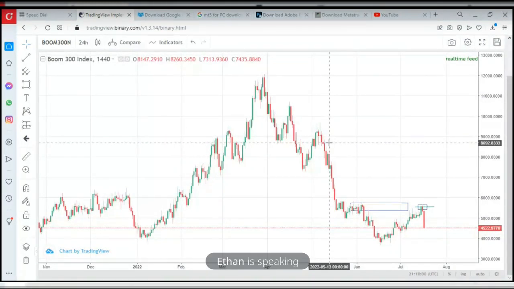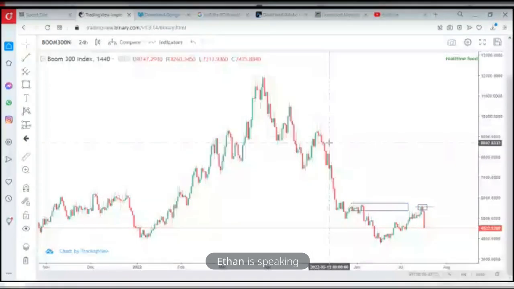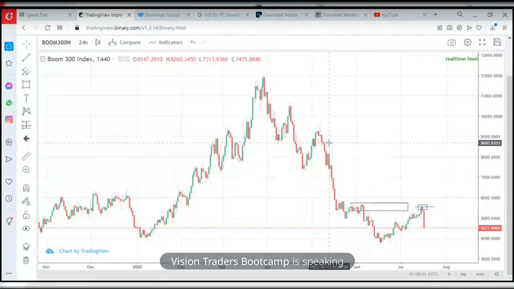So the question is, are we going to wait for price to reach our daily POI, as in the case of the 300 now? Yeah, and there are so many cases where you can use this strategy. For example, I probably have seen a break of structure on the 4 hours, on the daily time frame.